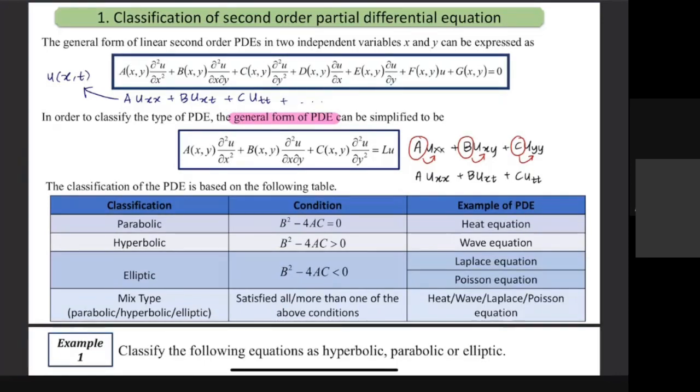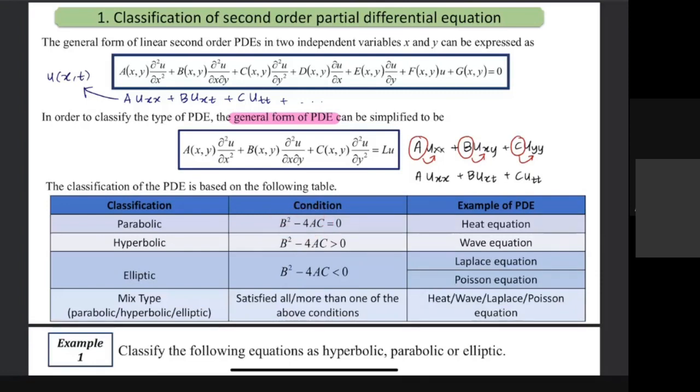To classify the type of PDE, we have three types: parabolic, hyperbolic, and elliptic. Why must we classify the equation? Because for different types of PDE, we have different types of solution and different methods to solve the equation. That's why you must classify first. To classify, we will use this formula: b square minus 4ac.